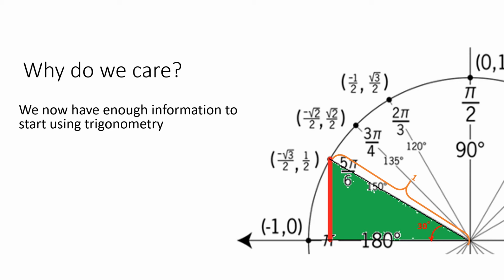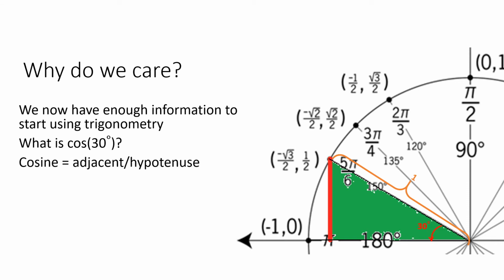We might also do the same thing with cosine. What is the cosine of 30 degrees? Well, that would be the adjacent over hypotenuse. So that would be adjacent divided by 1. The hypotenuse is still 1. And so cosine must be the length of this adjacent side from the bottom of the red line to the center of the circle.